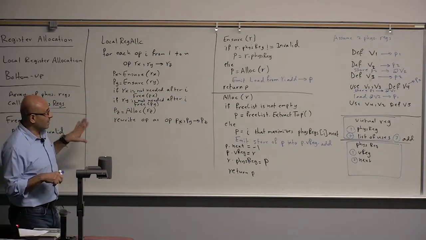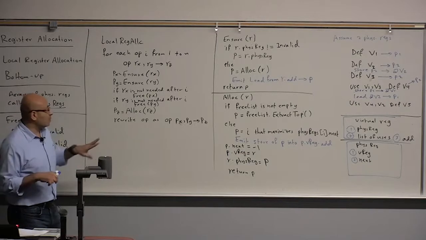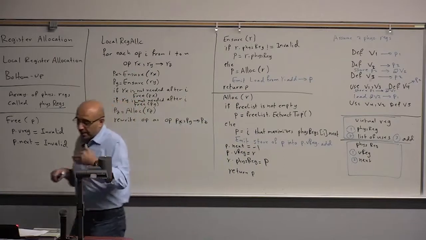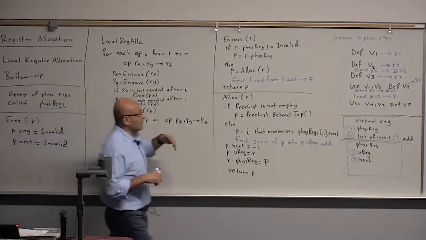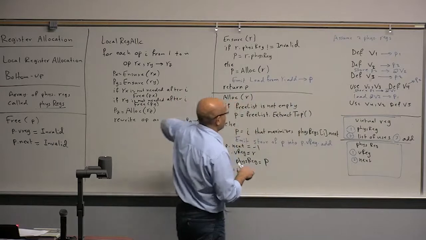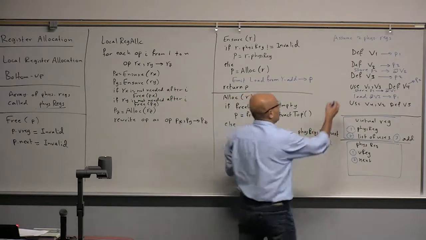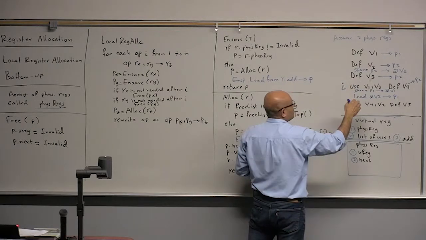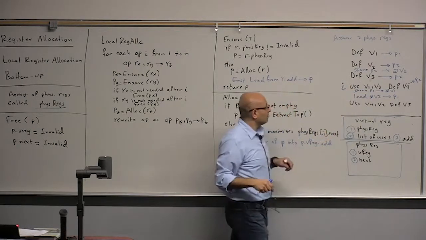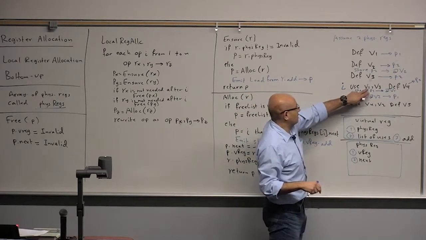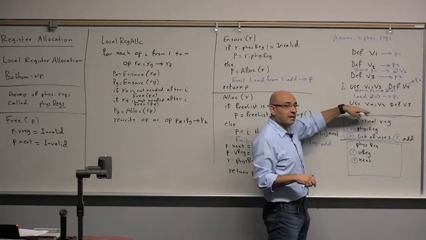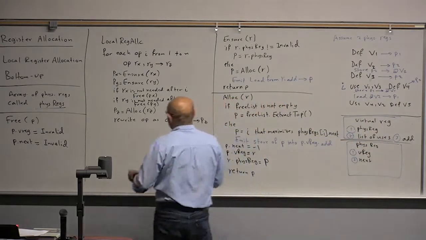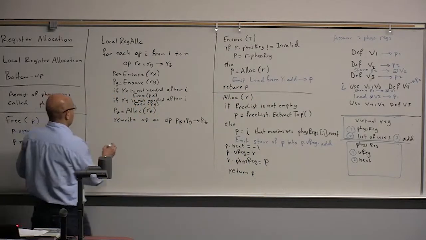We need to set the next, because when we move past one operation, the next will change. So for every virtual register, if this is operation I, when we are done with operation I, the next for this V1 is currently I. But if V1 is used later, then we need to update the next of V1 to the next use of V1.